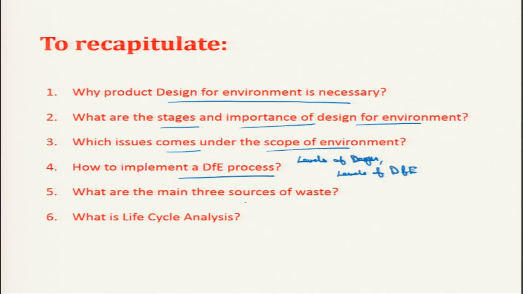Then we have taken one study on implementation of DFE, or one of the approaches taken by a researcher. Then what are the main sources of waste that we have seen. Then we saw what is life cycle analysis, and more than that we saw what is life cycle assessment.